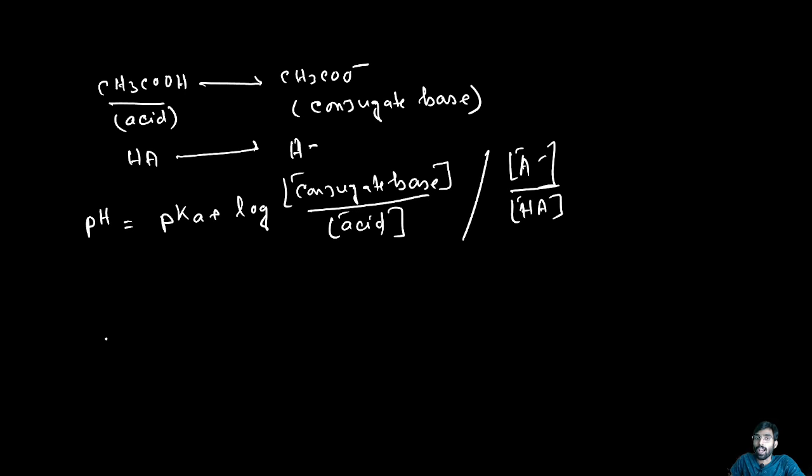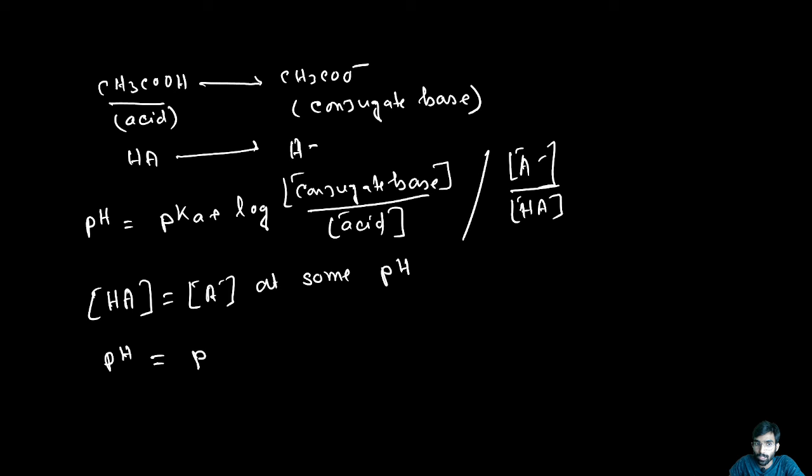Now suppose at some pH, the concentrations are equal, that is HA equals A minus. In that situation, pH equals pKa plus log of the ratio, and as the two are the same the ratio will be 1, log 1 equals 0, so pH equals pKa.